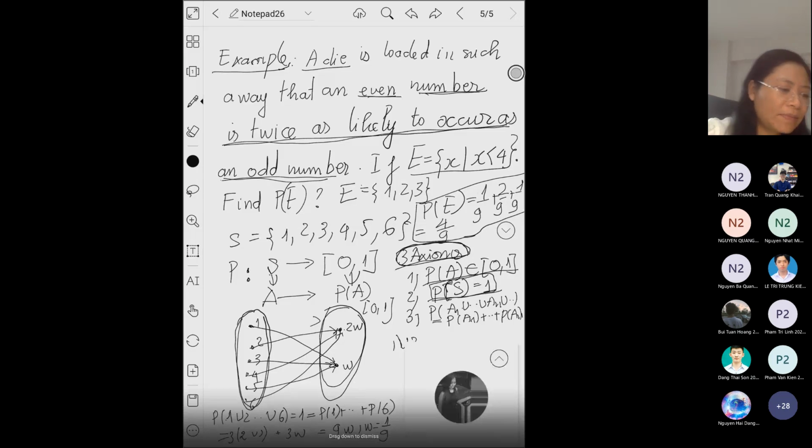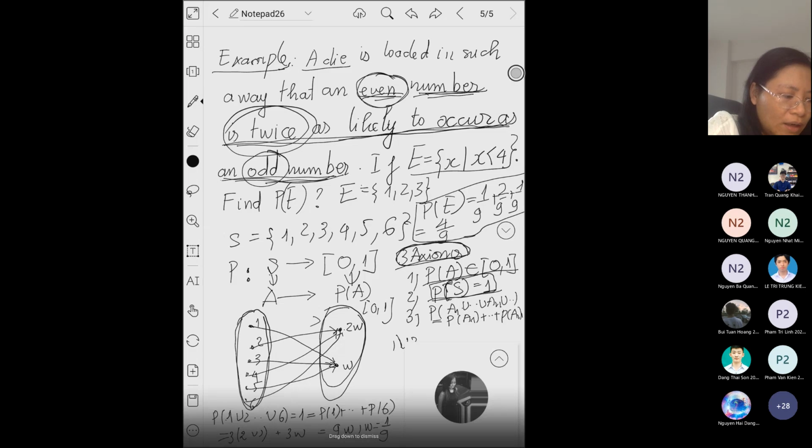Yeah. Okay. The exercise tells us the even number is twice as likely to occur as the odd number. All the even numbers have the same probability, and the odd numbers have the same probability.